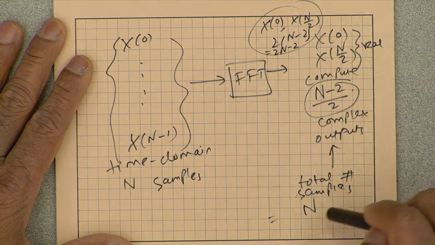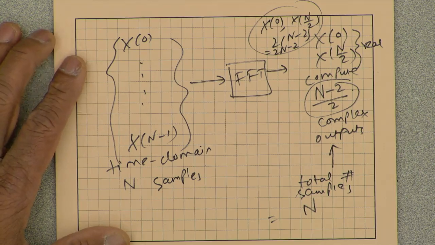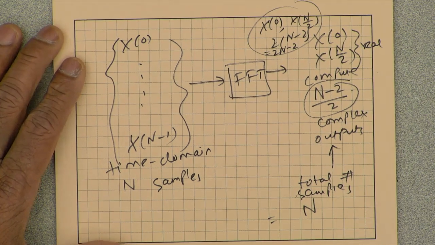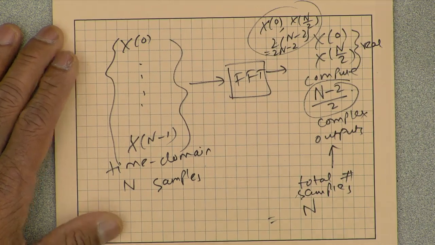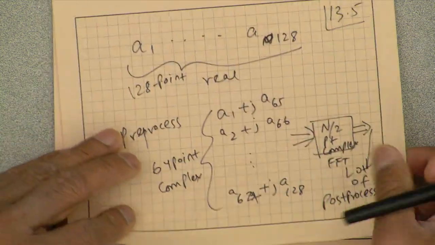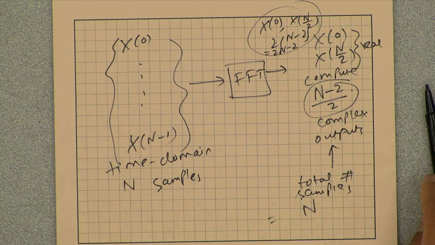N minus 2 plus 2 is total samples N. So a lot of what the real FFT tries to do is design architectures that do not require this pre-processing and post-processing, but rather compute just the samples that we need. And that's really the intent.